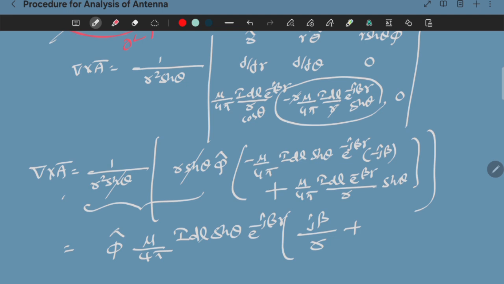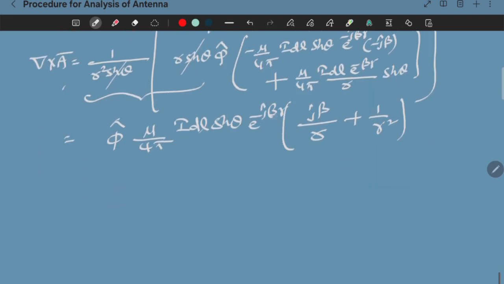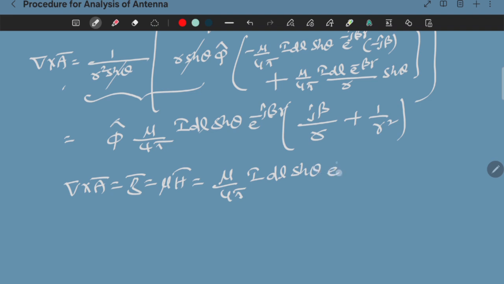Here 1/r is there, and from the outside one more 1/r is coming. So we can tell B bar, that is equal to μ H bar, that is equal to μ/4π · Idl sinθ e^(-jβr), jβ/r plus r times 1/r². So μ and μ will be cancelled.